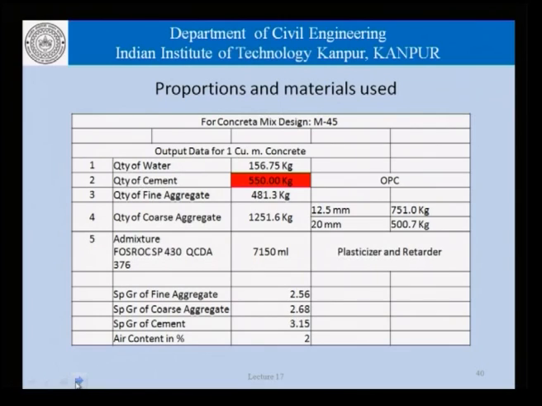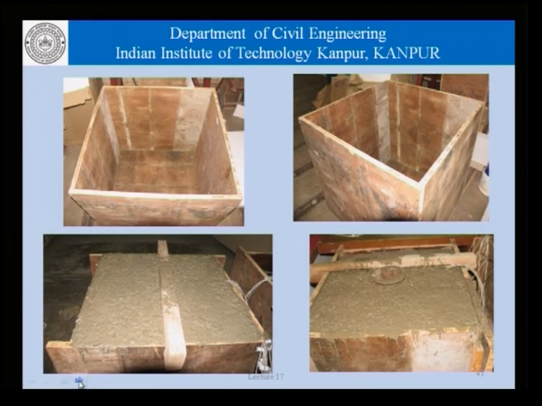Blocks which we talked about last time were cast using different concretes, and this is an illustrative example. The cement content is very large because we are trying to work with relatively high strength concrete, an M45 concrete which could have a compressive strength of about 55, 56 MPa. So, with this high cement content, these are the kind of blocks that were cast.